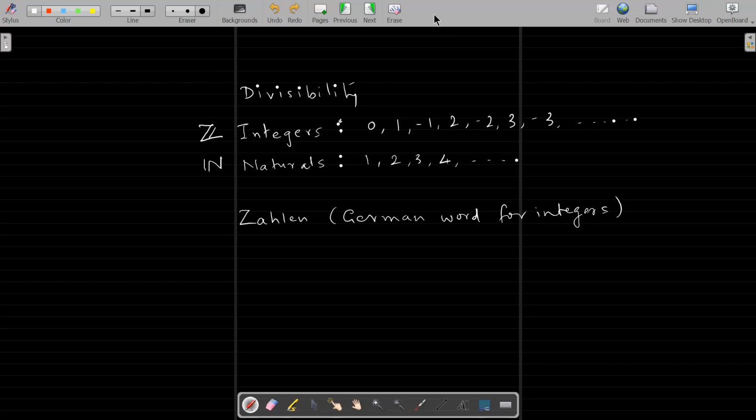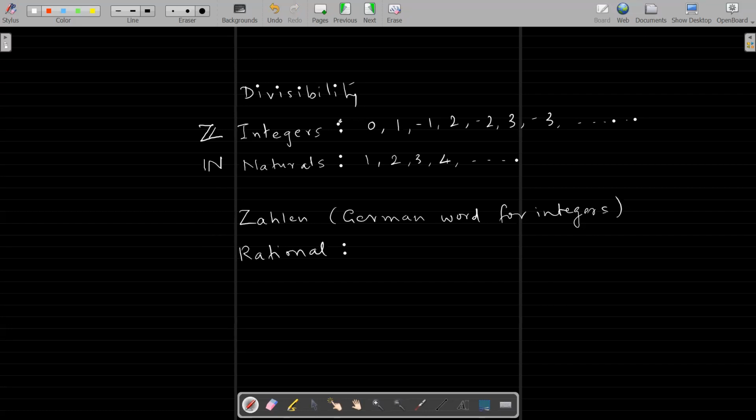Yes, Ashmi, that's a rational number here. Very good. So maybe here itself, let me recall. We also have a further larger set called the set of rationals. What are rational numbers?